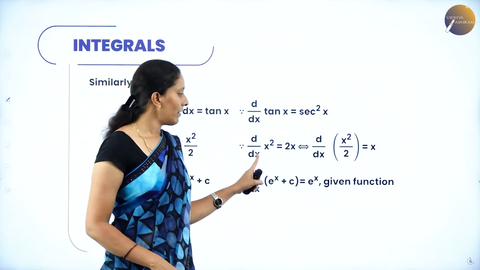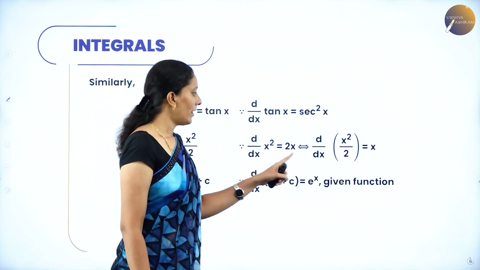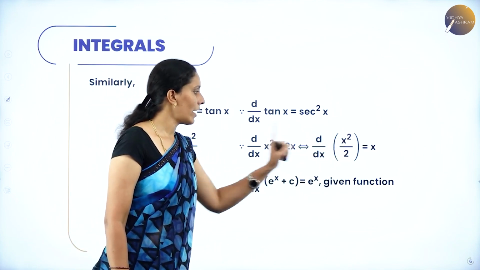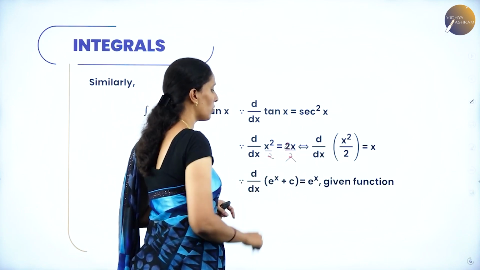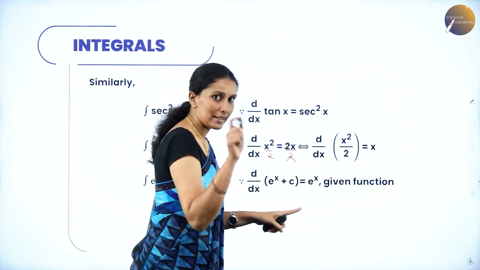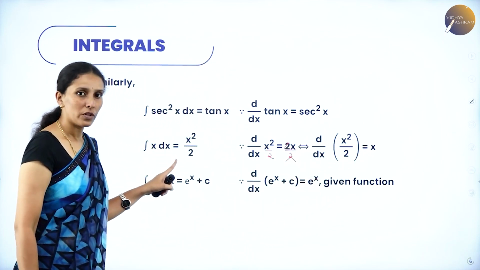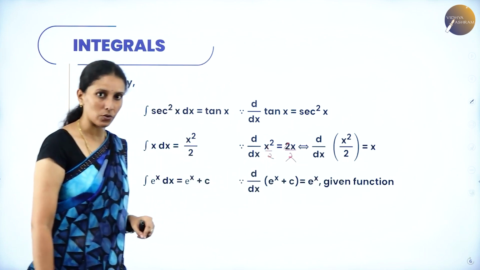How? Derivative of x square will be 2x. But if you differentiate x square divided by 2, then the 2 gets cancelled. Thus, derivative of x square by 2 is x. And thus, integration of x with respect to dx becomes the original function, which is x square by 2.